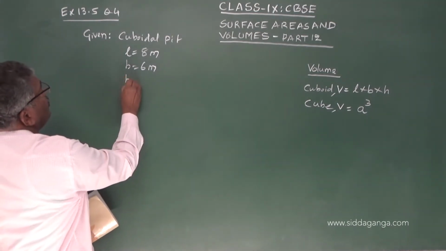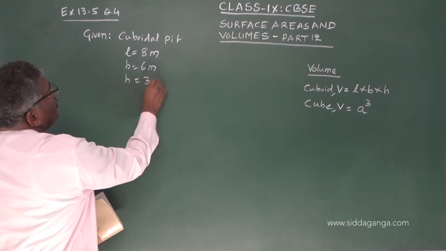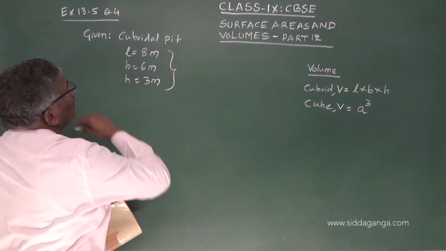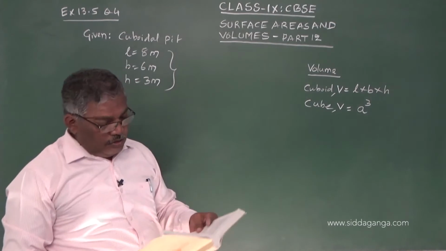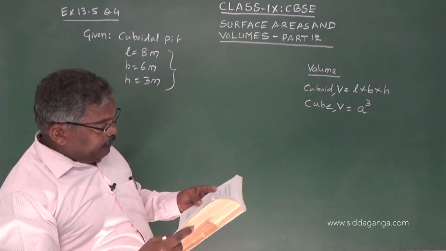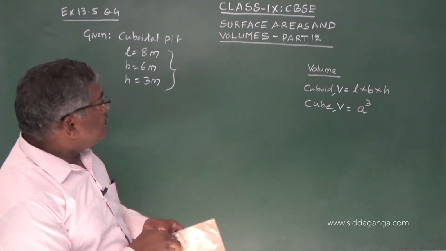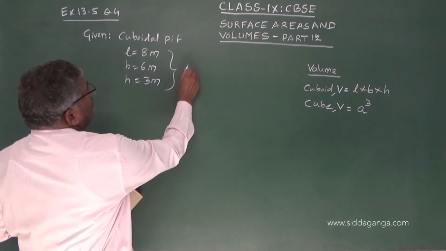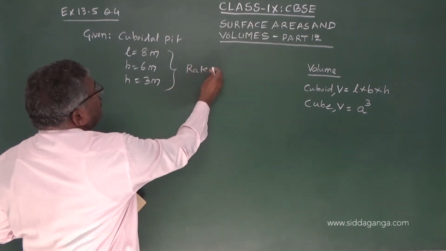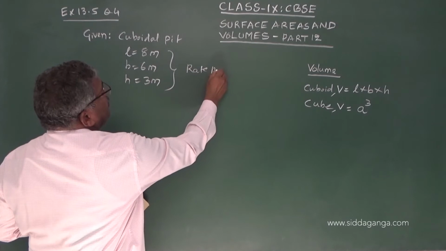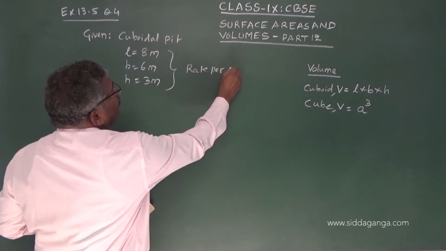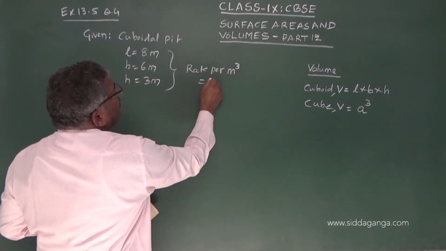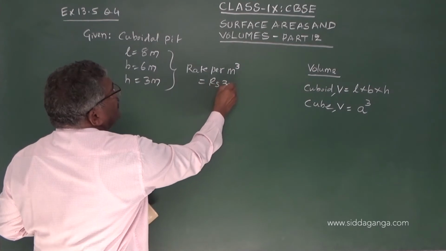So H will be equal to 3 meter. So these are the dimensions given, and the rate per cubic meter is rupees 30.